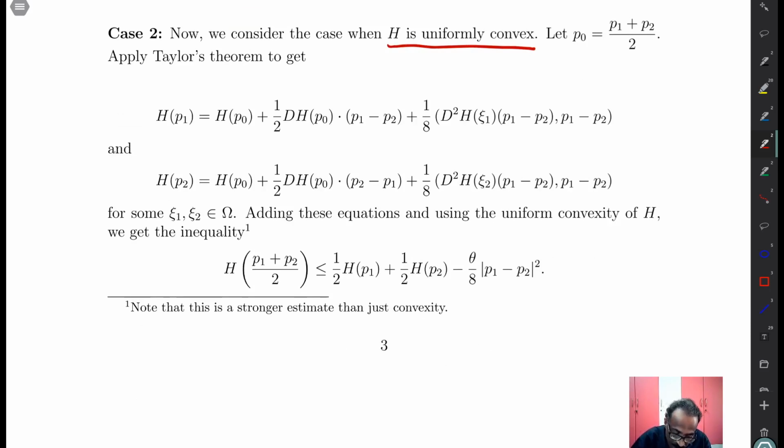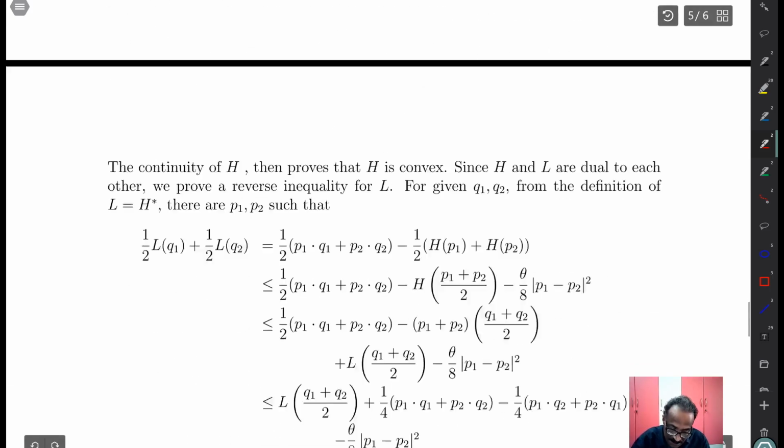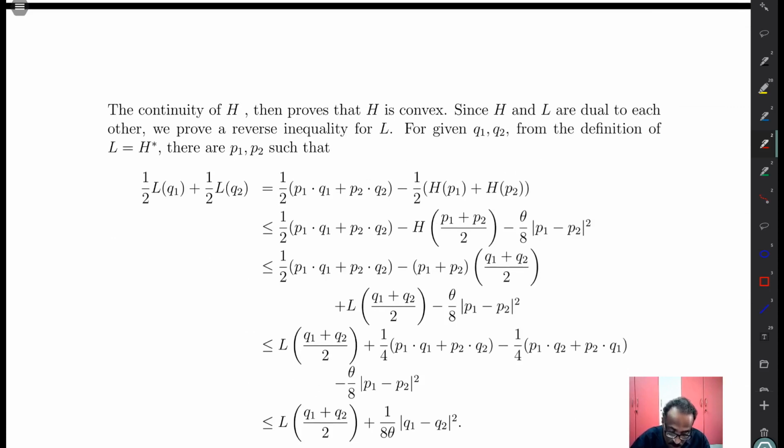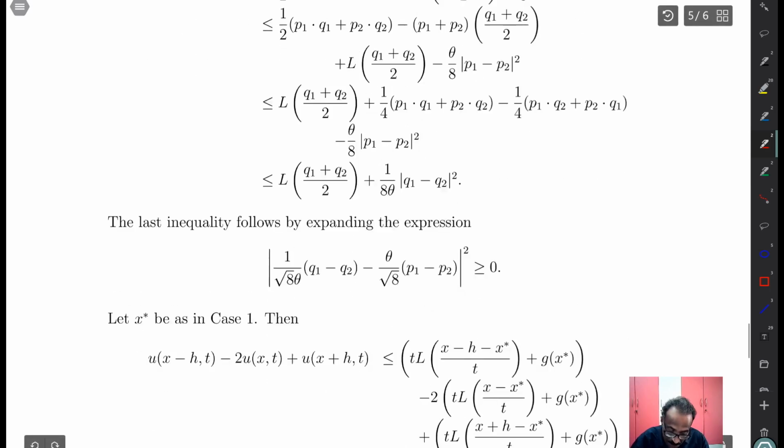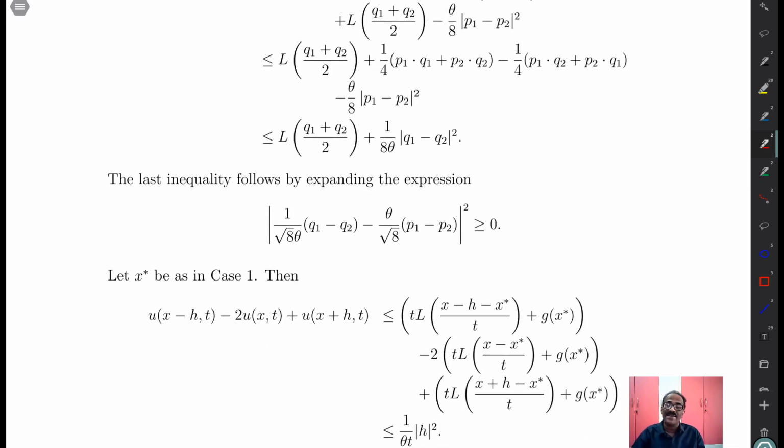Using that you derive some estimates on H, and after that some estimates on L. These are all a little more technical, and there is one more result which is highly technical.